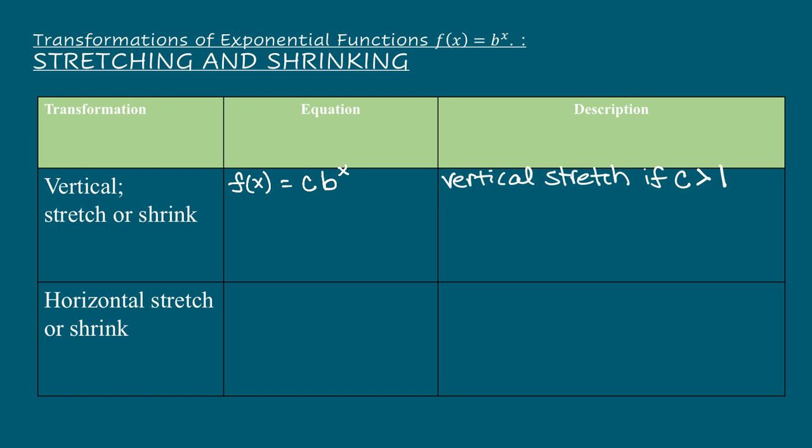Now, if c is between 0 and 1, so if I have a fraction or decimal, then I'm going to have a vertical shrink.